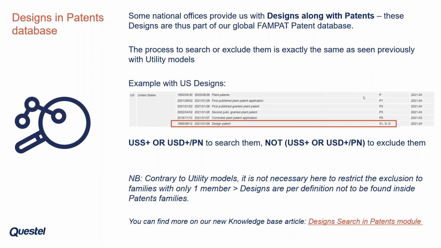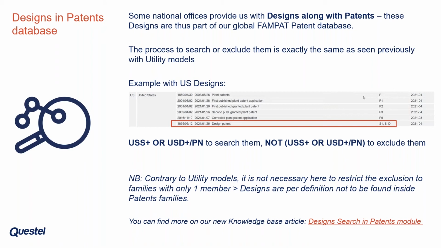An example with US designs for which the kind codes are S or D. The query would be USS plus or USD plus /PN to search them, NOT USS plus or USD plus /PN to exclude them.